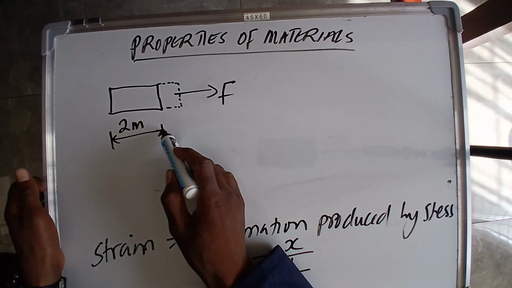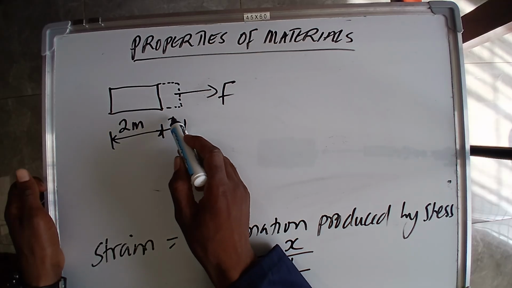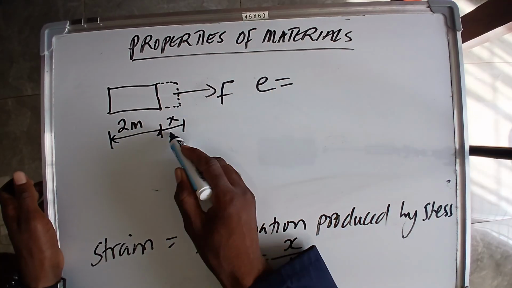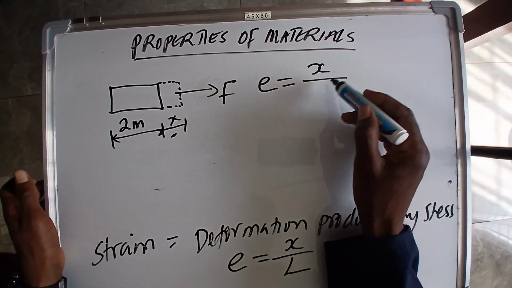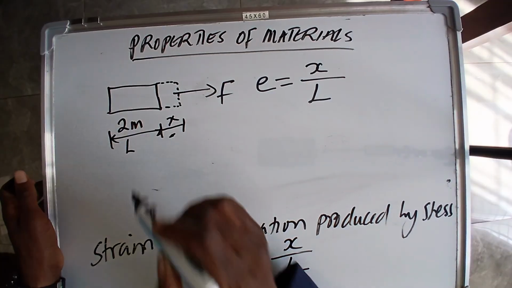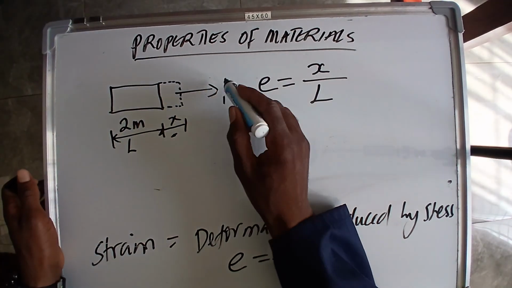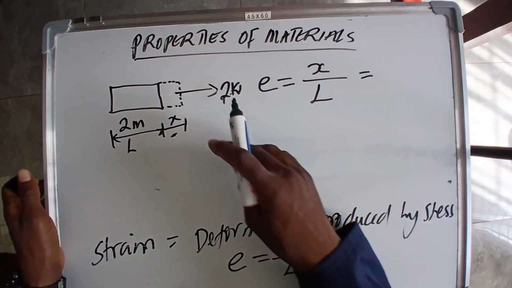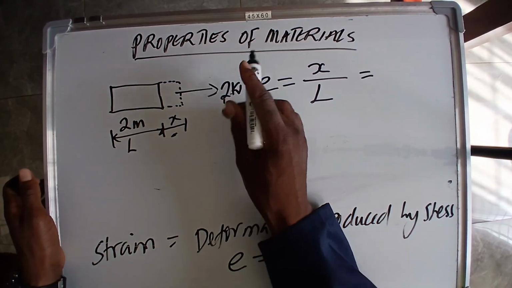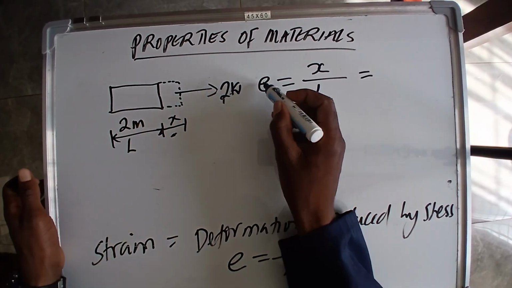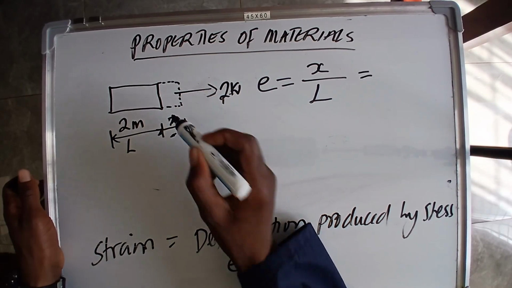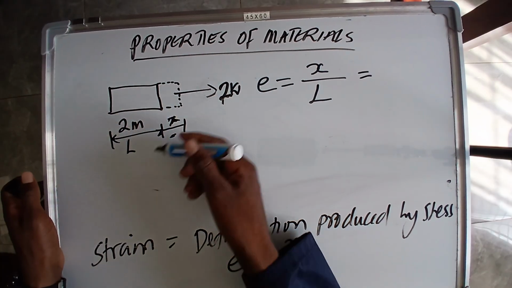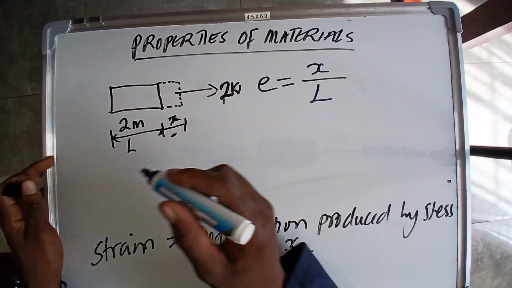Then when you pull it, it's going to extend by another distance called x. Therefore strain is equal to the elongation over the original length. So if this force is 2 kilonewtons, then strain is going to be this x, the elongation, over the original length. We have got all these, which will help perhaps find the stress and other things. So you should get to know that.